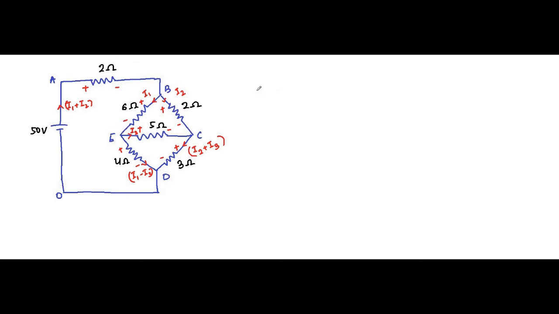First let us apply KVL in the path A, B, E, D, O, A. The KVL equation will be 50 minus 2 into (I1 plus I2) minus 6I1 minus 4 into (I1 minus I3) equals 0.